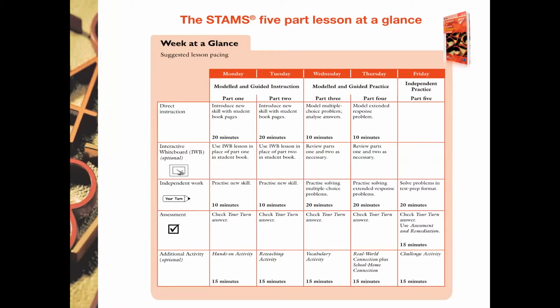Monday with your modelled and guided instruction, part 1, to introduce the new skill to students. That should take 20 minutes. If you're going to use the interactive whiteboard lessons to support you as well, practice new skill will take 10 minutes. Doing the assessment, check your turn answer. And if you want to do extra hands-on activities, that will be an extra 15 minutes. So it's just at a glance for 1 week.